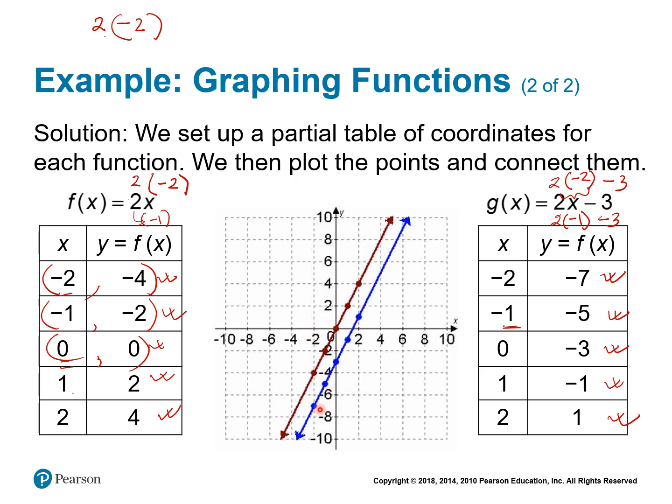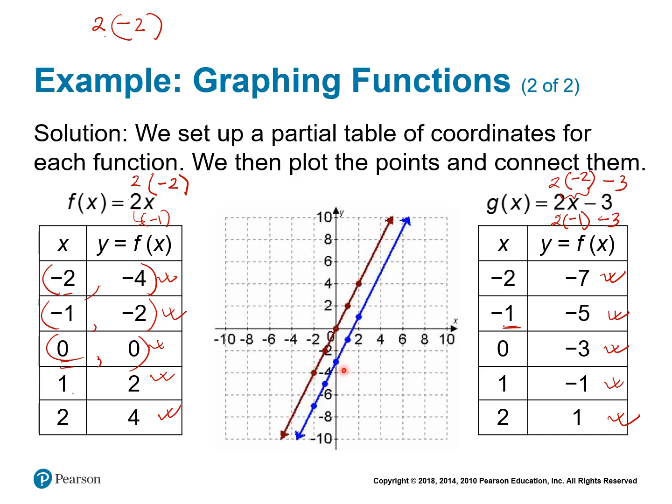So at -2, mark it with a solid dot. All right. The next one is -1, -5. So -1 on the x-axis is between 0 and -2 here. So -5 again is somewhere between -4 and -6 on the y-axis. So here's our point. When x is 0, y is -3.